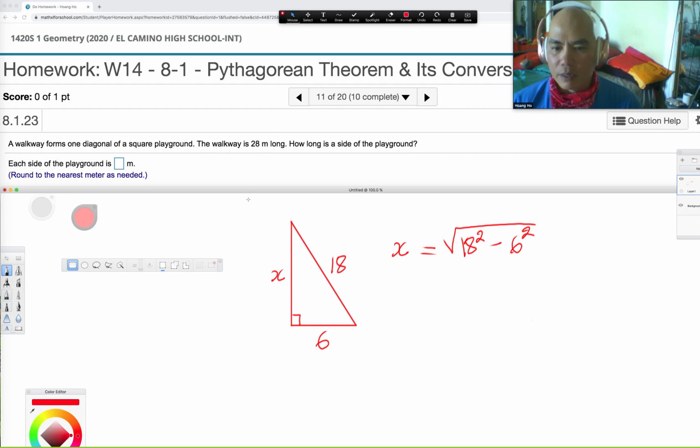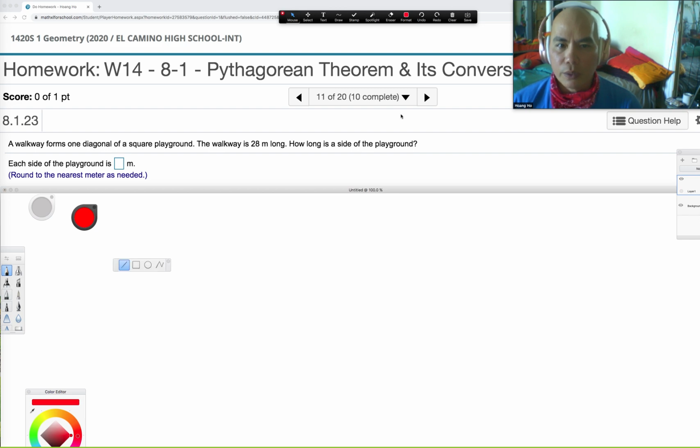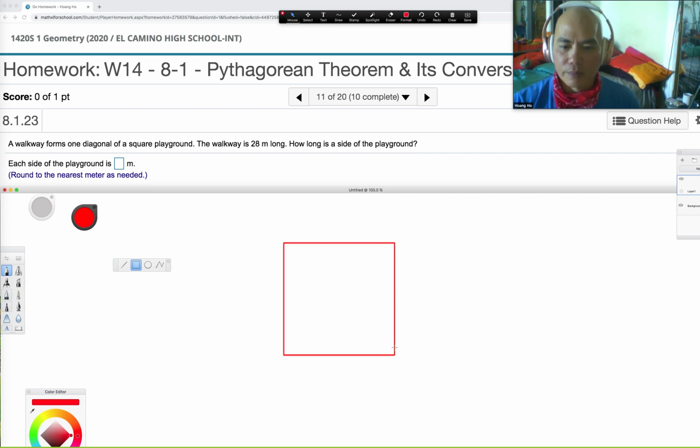So let's get rid of this. All right. So I can use my tool here to draw a perfect square. Oops, what happened here? I need to draw a square. Where's my square? Oh, here we go. I got it under control, you guys. Here we go. I got a beautiful square.